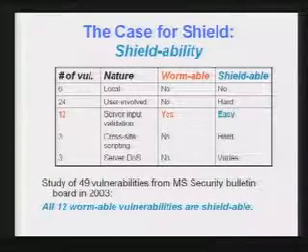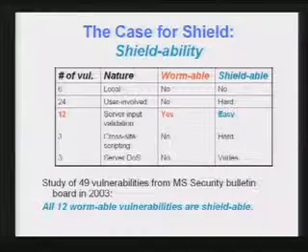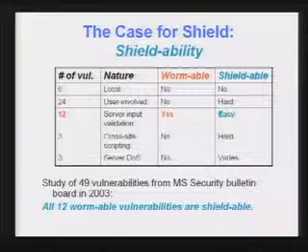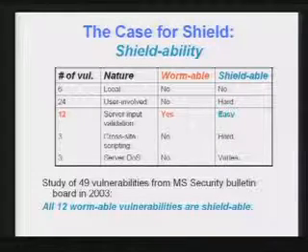So we also conducted some study over some of the security vulnerabilities in 2003 to see whether there's a case for Shield, what vulnerabilities can be shielded. Basically, there are 49 vulnerabilities from the Microsoft Security Bulletin Board, and out of these 49 vulnerabilities, 12 of them are worm exploitable.